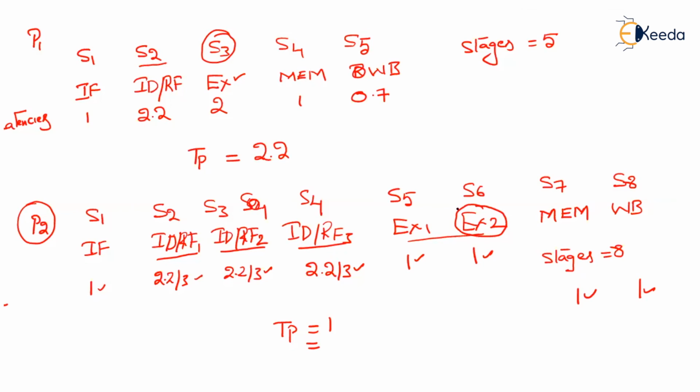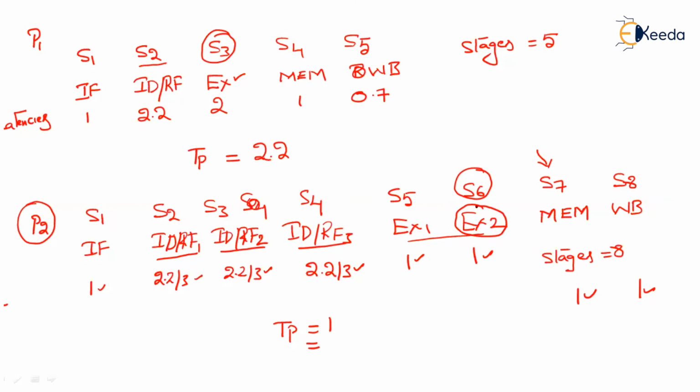The instruction pointer is getting computed in the sixth clock cycle, right? So the second instruction will have to wait for the first instruction to leave this EX2 phase. So that is the seventh clock cycle. In the seventh clock cycle only, the first instruction leaves the EX2 phase.